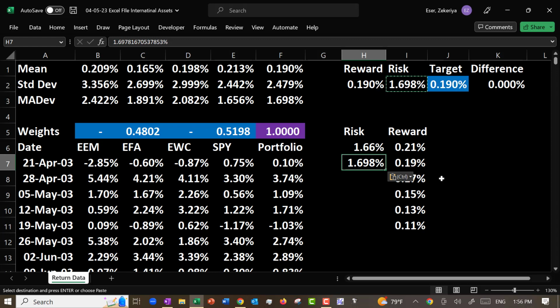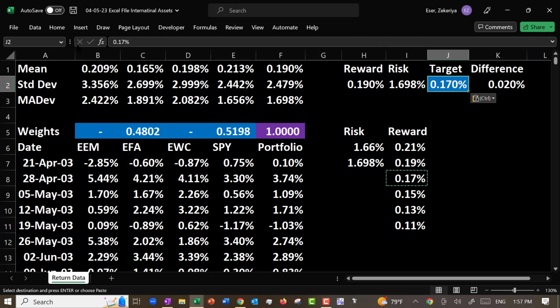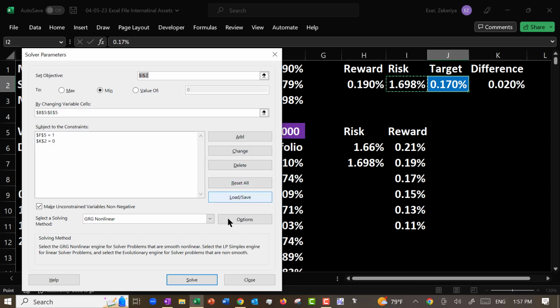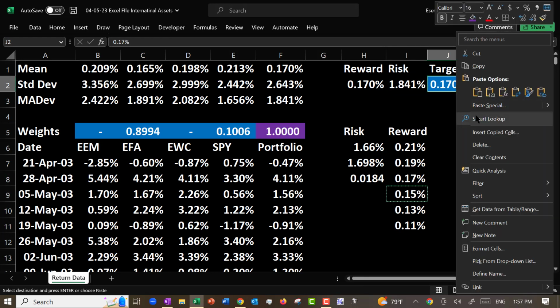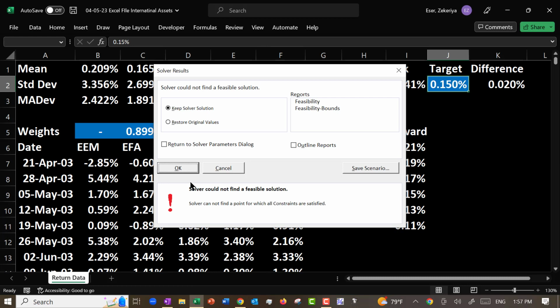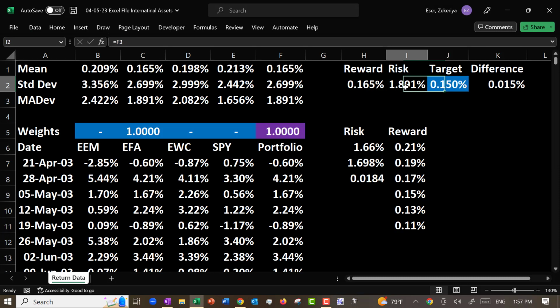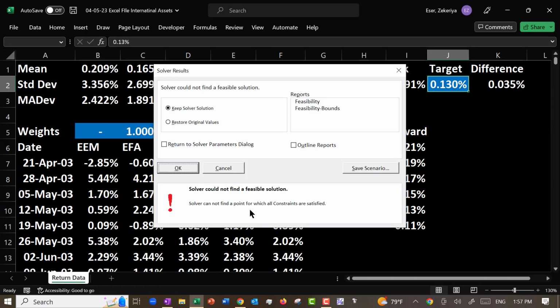Now let's do this one. We have just two more of them so that I can get a reasonable curve.